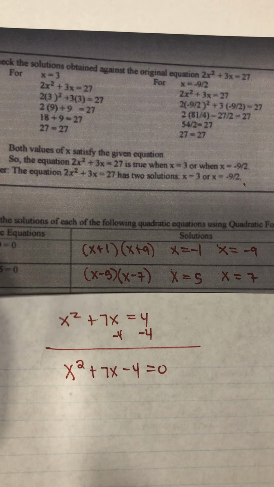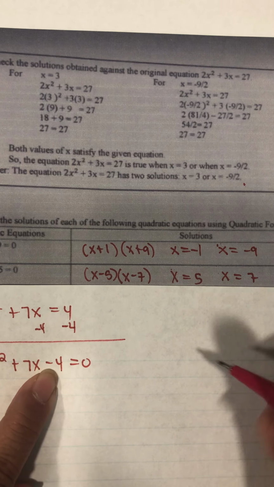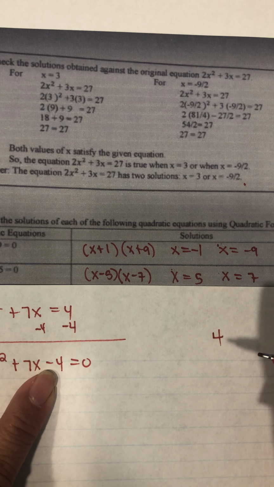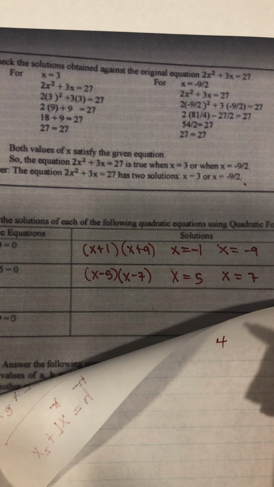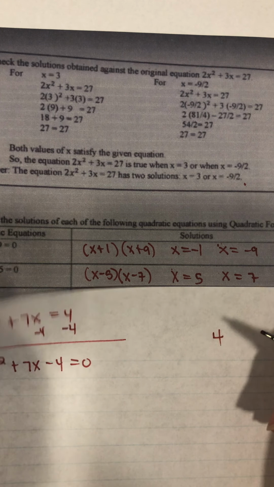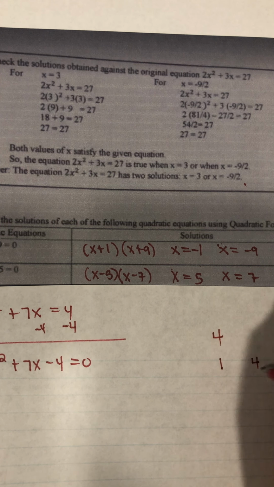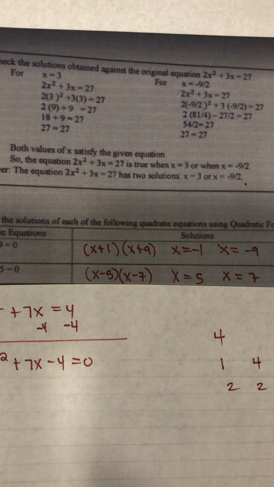All right, so now what we're going to do is look at the factors of 4, right? Just the 4. So what are the factors of 4? 1 and 4, and then 2 and 2.